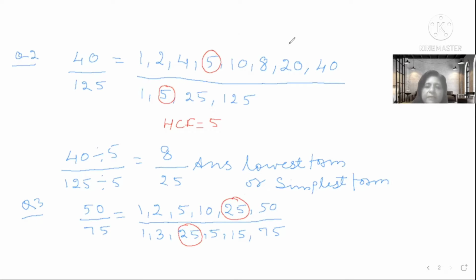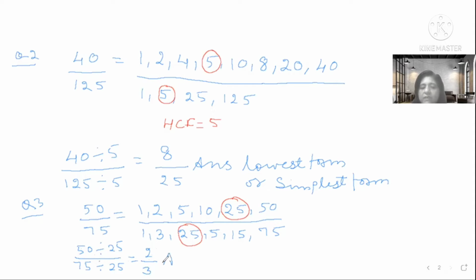So HCF is 25, and we divide numerator, we divide 50 by 25 and 75 by 25.